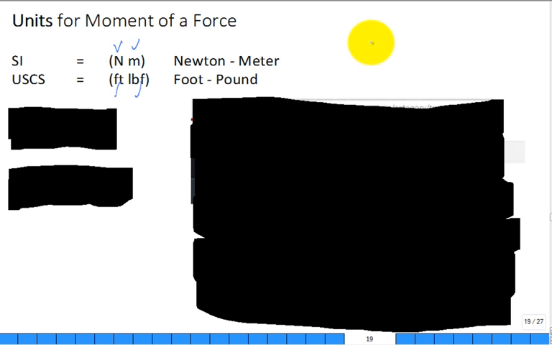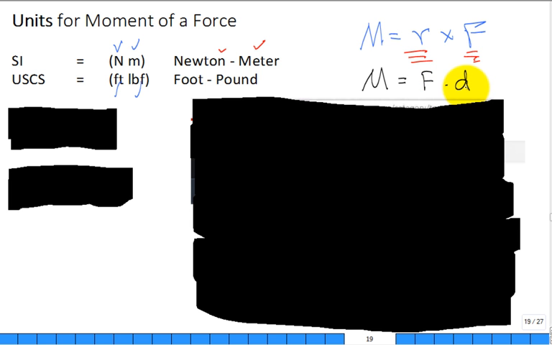Like, huh? Why isn't it meter Newton? And then I said, look it, the moment of a force is R cross F. What comes first? Distance. What comes second? Force. Why isn't it like I think it should be, foot-pounds? But it's not in SI. It is always, I'm just telling you, it's always Newton meter. And then when I saw this equation for the shorthand, M is equal to F times d. Oh, come on now.